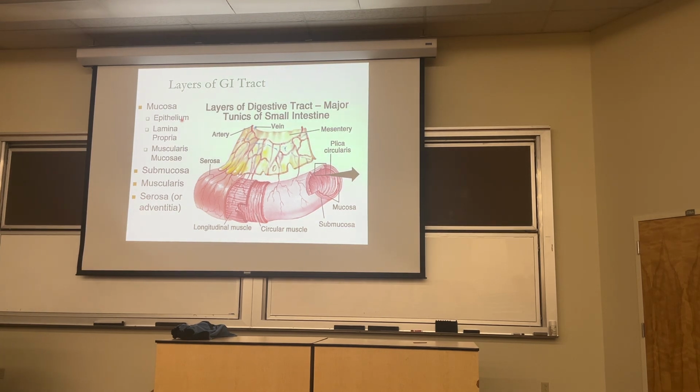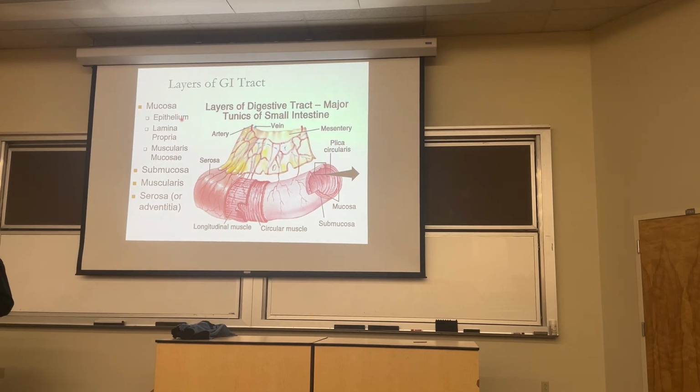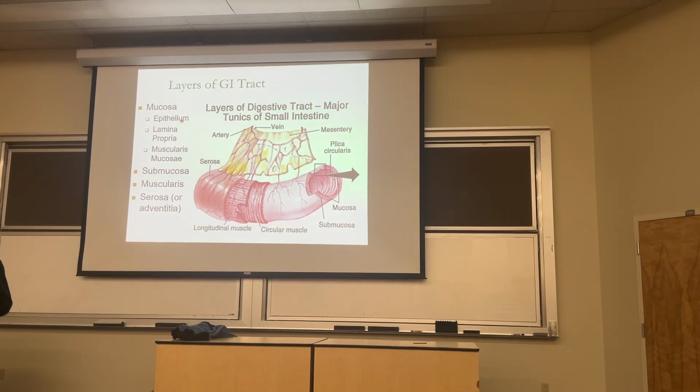It depends on where we are, but essentially in the places where there's a lot of wear and tear, where you don't need a lot of absorption or secretion, it's non-keratinized stratified squamous. This includes the mouth, the pharynx, the esophagus, and the anus.